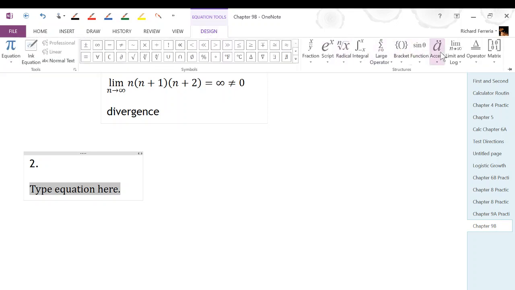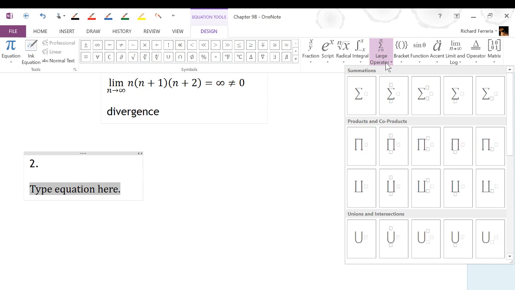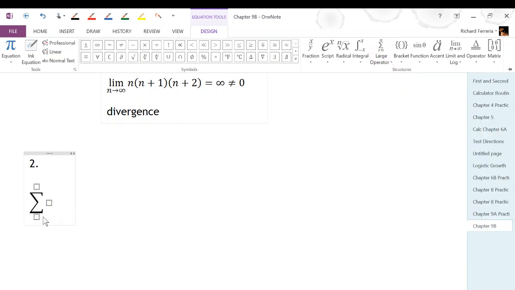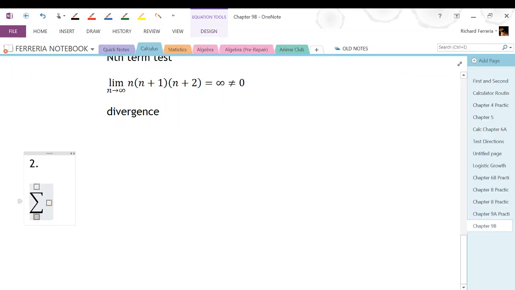What is this? The series, right? Where do you think series would be? That's right there, large operator. Okay. So this is series n equals 0 to infinity, and we have natural log of x to the n power.